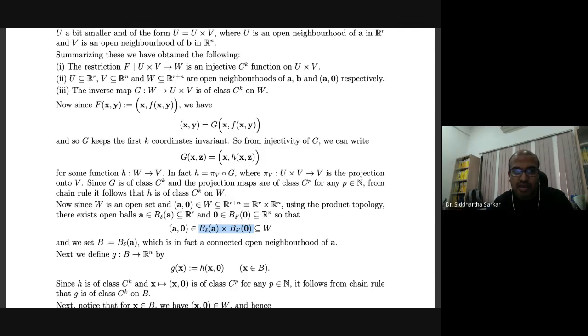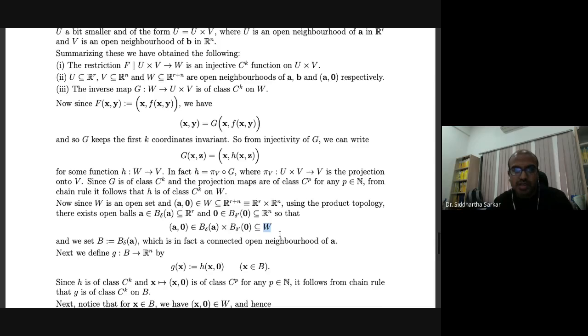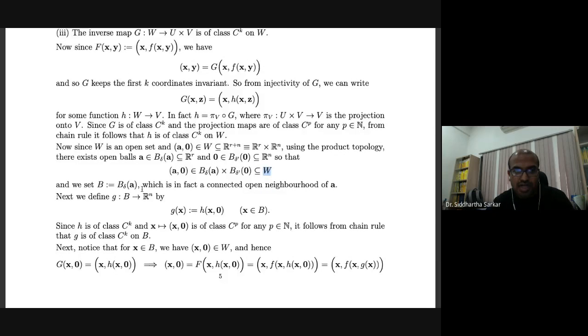And the entire thing goes inside W. So what you would do is pick up this particular B_delta(a), which is the disk around a, which is the ball around a. Okay, and then I'll do something to define my function g, which is a statement of the theorem.